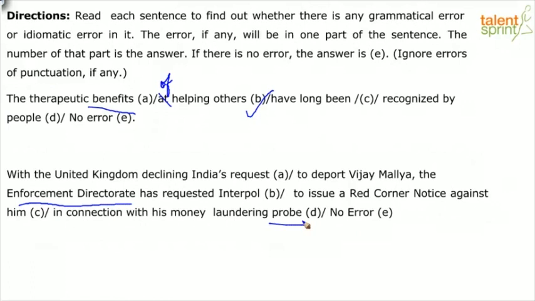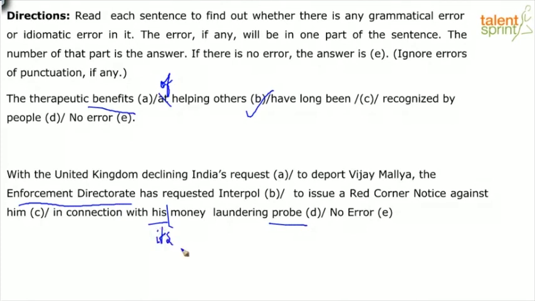They have requested Interpol to issue a red corner notice against him in connection with, not his, its. Right? Money laundering probe. They are probing into this person, Vijay Mallya. Who's doing that? The Enforcement Directorate. So not his money laundering probe, its money laundering probe.